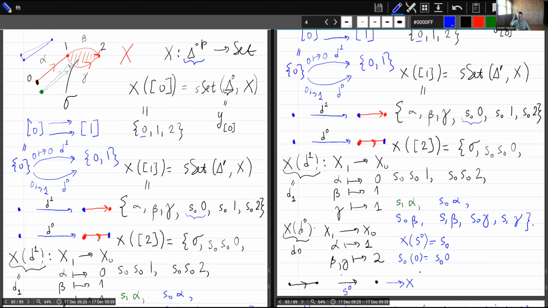If you open any of the first generation books on simplicial sets, and there was a bunch of them in the 60s already, probably the two most famous ones were one by Gabriel and Zisman called Categories of Fractions and Homotopy Theory, and one by May called Simplicial Objects in Algebraic Topology.